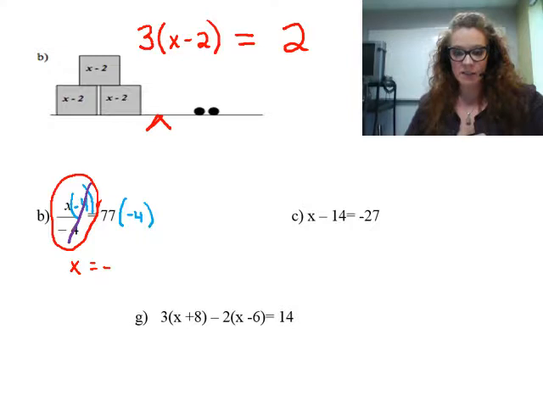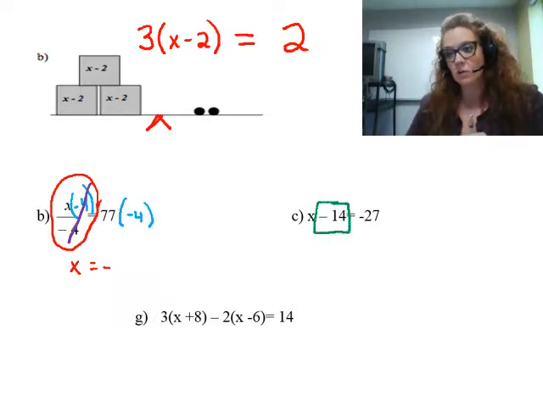x minus 14 equals negative 27. So what's happening to the x right now? It's not being multiplied, it's not being divided, it's not being added to, it is being subtracted from. So we have this minus 14 right there. Well, what's the opposite of minus 14? It is plus 14.